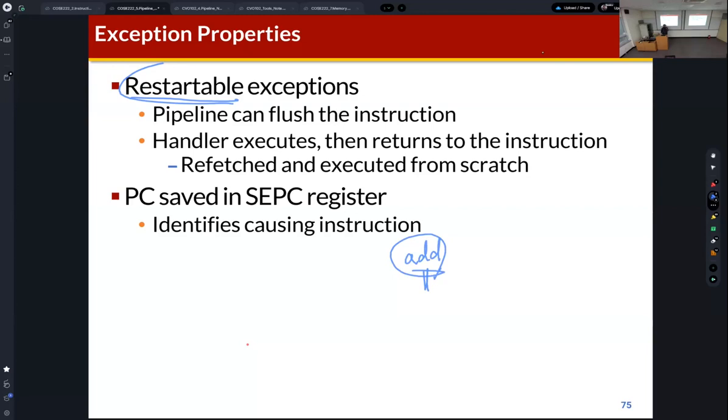So in this example, the add instruction: when the add instruction is in the EX stage, an exception is detected. It's a kind of error.